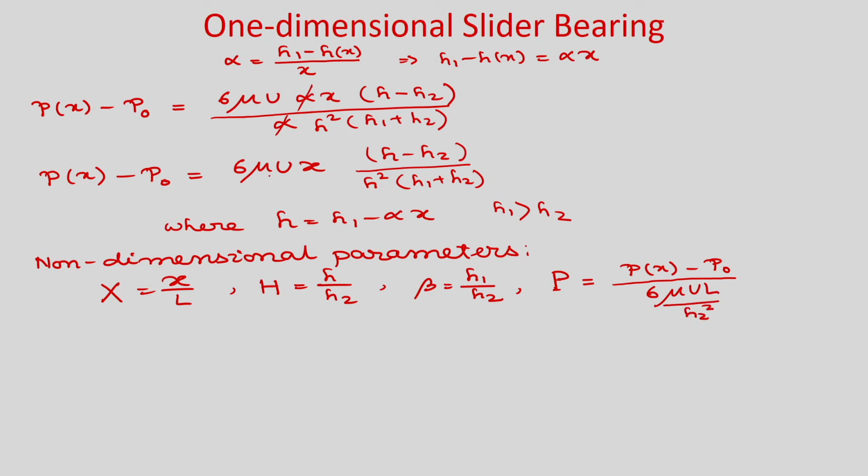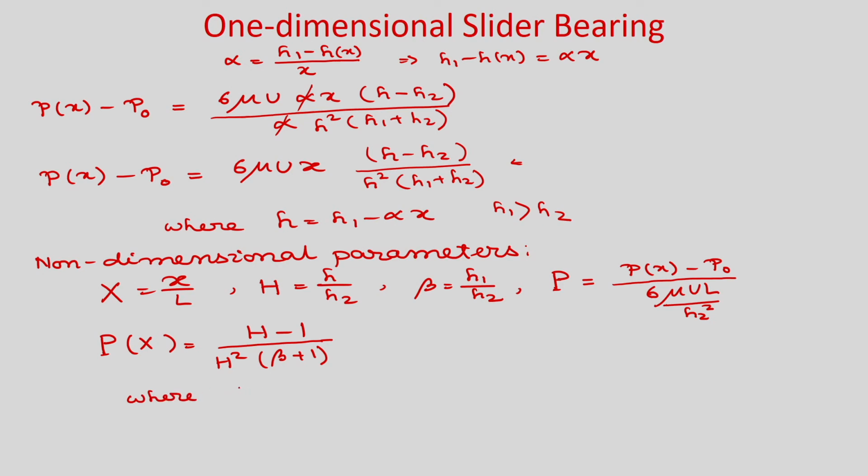Okay. So, from this expression, we can write this P, which is a function of x, as H minus 1 divided by H square into beta plus 1. If you do the mathematical manipulation, you will get finally this expression.